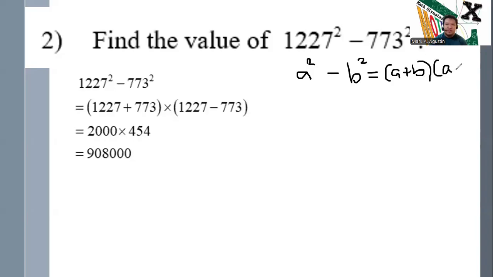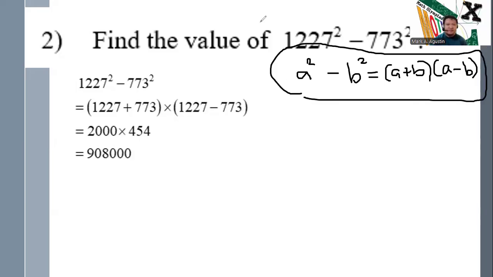So basically, if you have 1,227 squared minus 773 squared, we can just break that one to be 1,227 plus the other one, 773, times 1,227 minus 773. That's the formula for that one. So as you can see, that will become 2,000 times 454, an easy multiplication. We can just multiply 2 to 454 and add the 3 zeros at the back. So that's 908,000 for this one. Okay, 908,000 for this one.